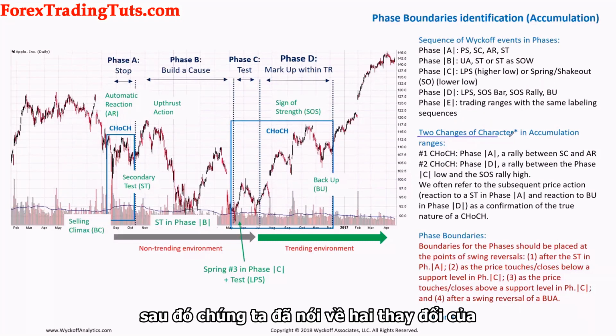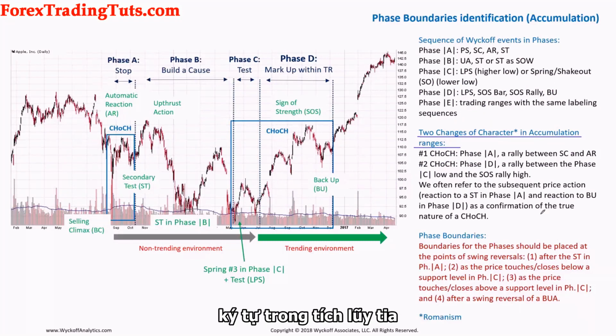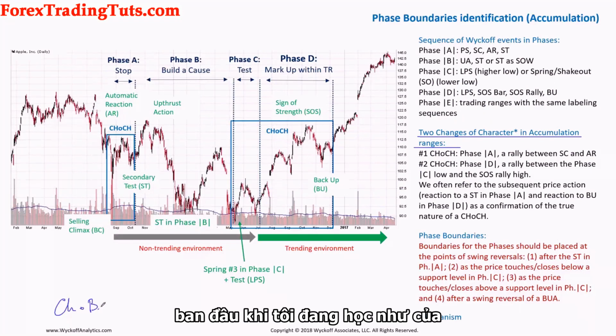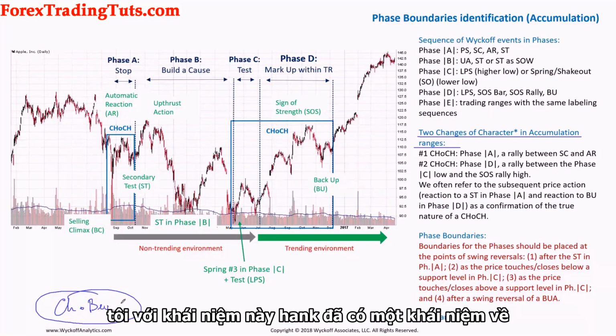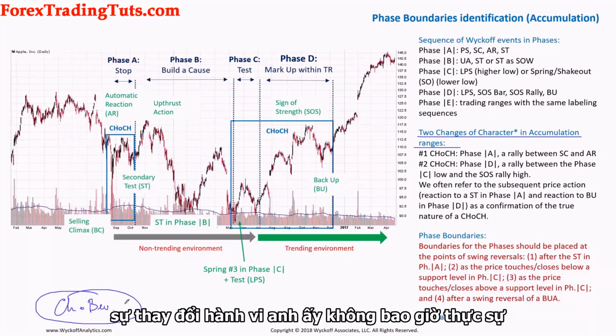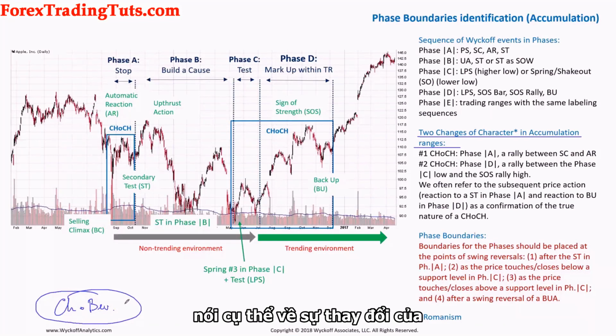Then we've talked about two changes of character in the reaccumulation. And originally, again, I've talked about this. Originally, when I was studying the Wyckoff method and Hank was introducing me to this concept, Hank had a concept of the change of behavior. He never actually specifically talked about the change of character.